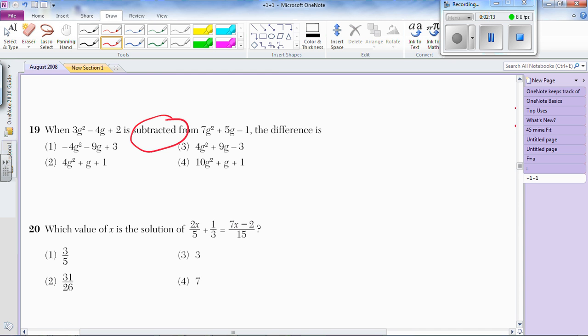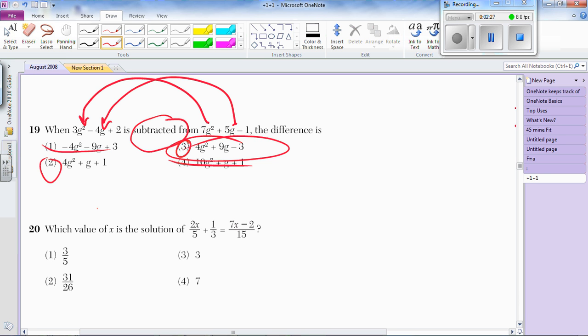Subtracted from, we're going backwards, so 7 minus 3 is 4, so it's got to be one of these two. 5 minus negative 4 is positive 9. There's our answer.